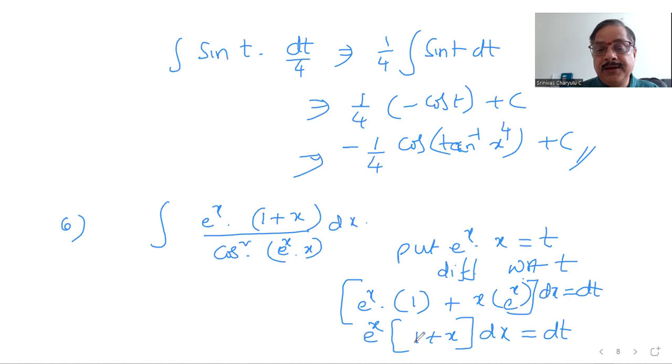So finally our sum is becoming now integral. Just go to the previous page and see e to the power of x 1 plus x dx is equal to dt. So the numerator, entire thing became dt. dt divided by cos square t.